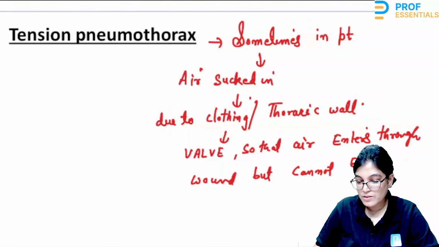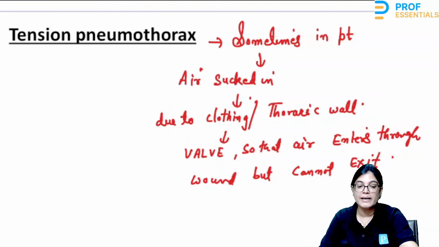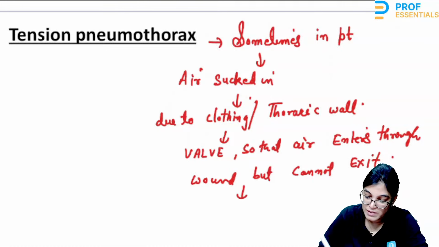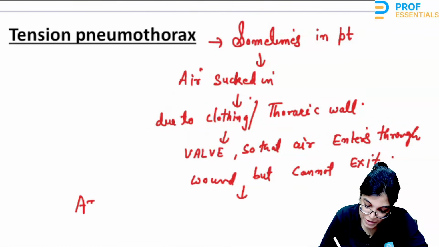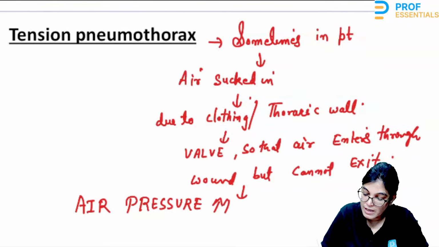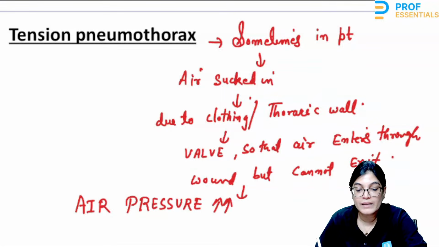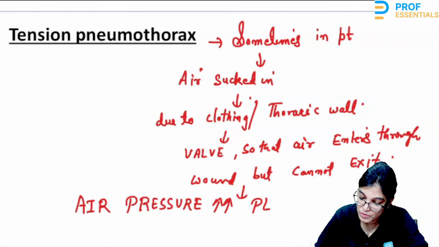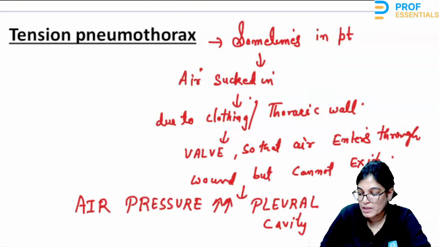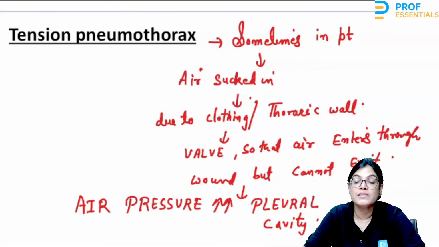So basically air is not exiting and it is coming inside. This circumstance will lead to air pressure building up continuously in the pleural cavity. So basically this is an emergency condition, and definitely the air sucked in has to be released in the case of tension pneumothorax.